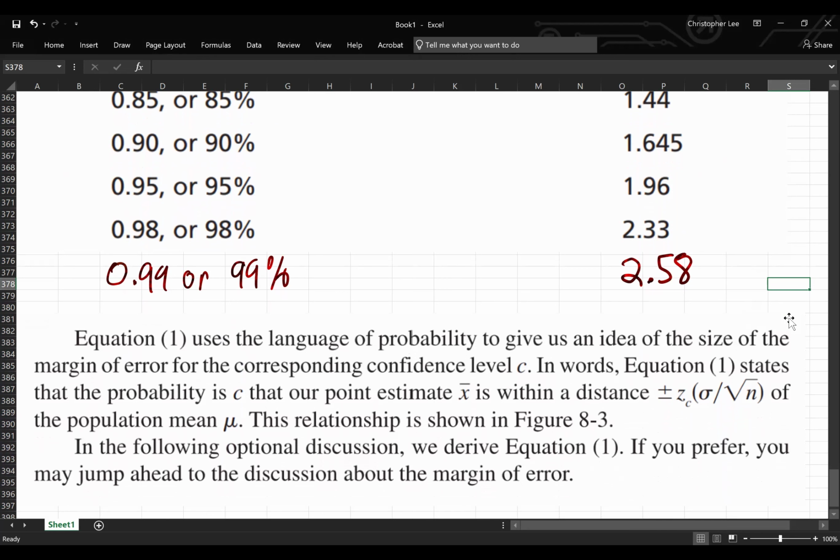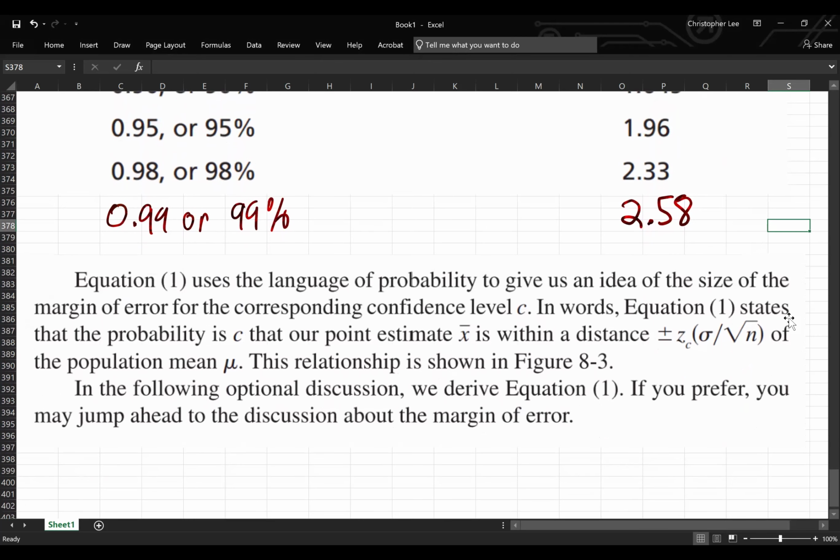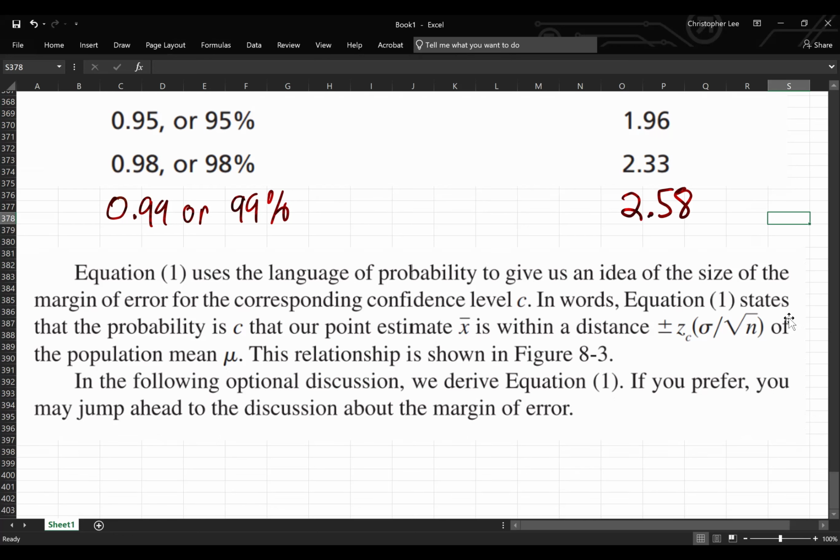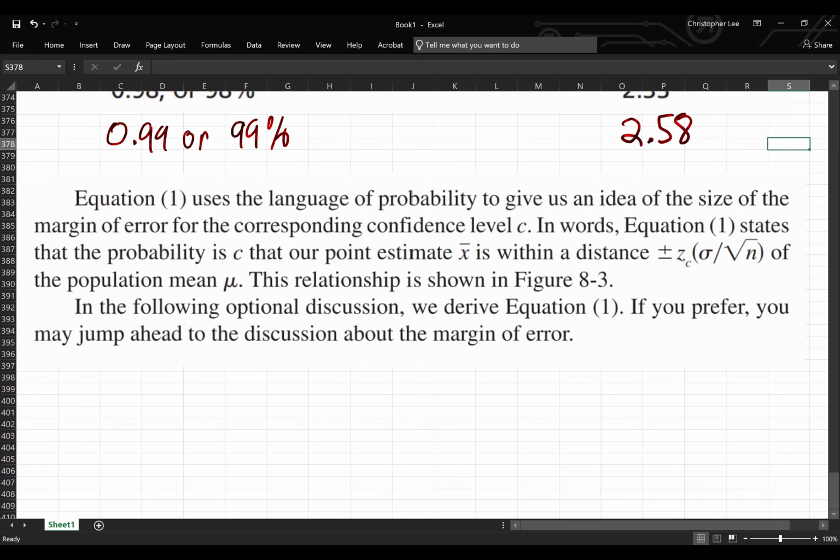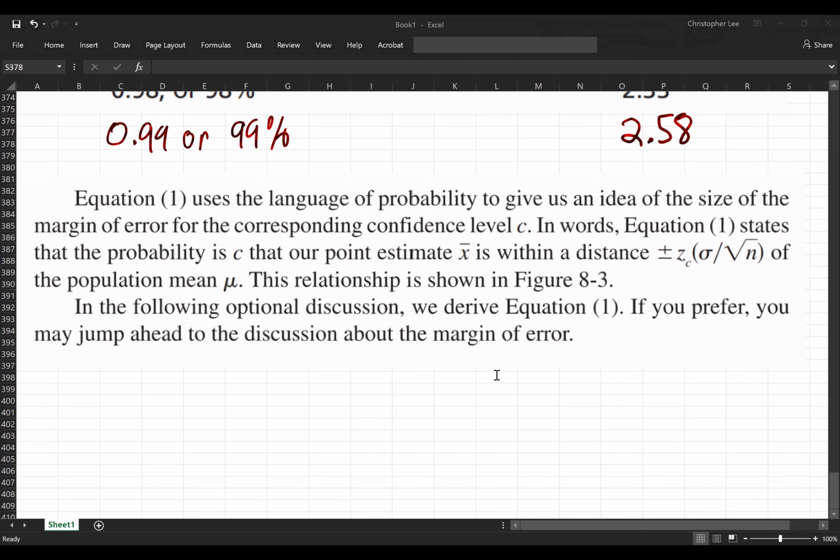This relationship is shown in the next picture. In the following optional discussion, we derive the equation. If you prefer, you may jump ahead to the discussion about margin of error.